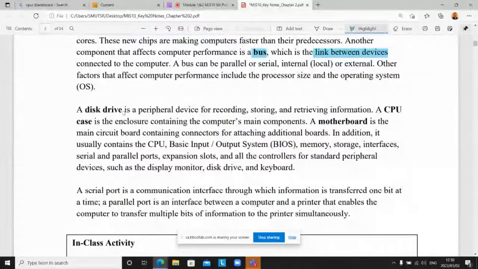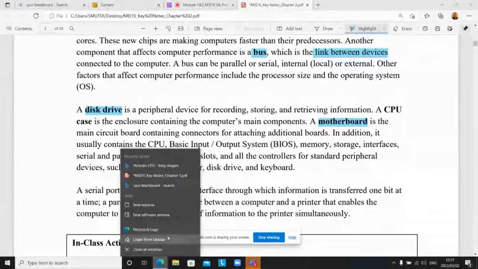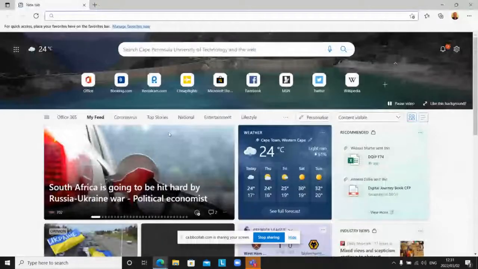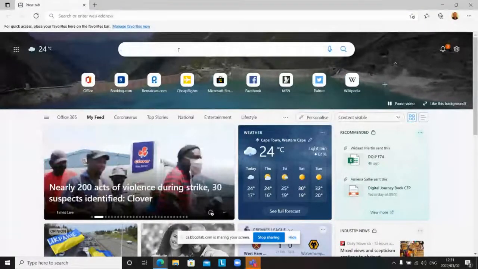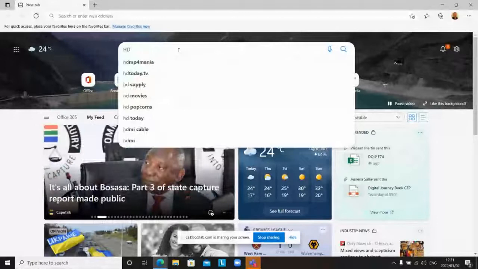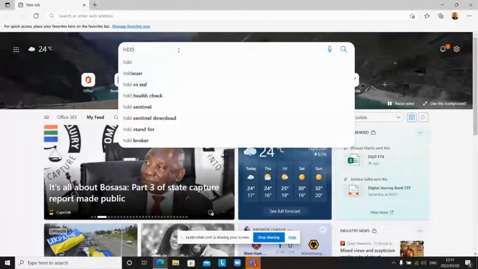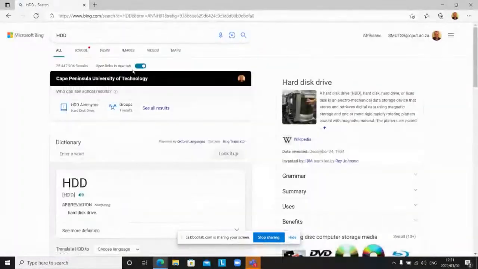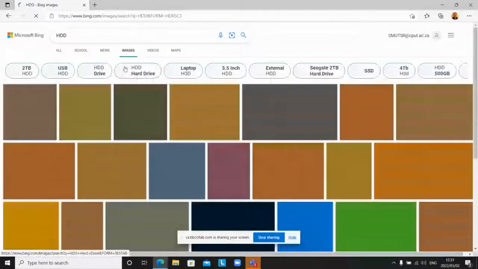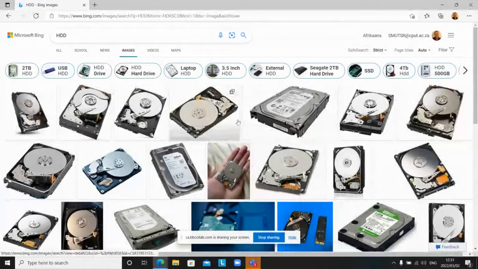A disk drive is also inside the tower. The motherboard is inside the tower, so let's just Google those two quickly because it's nice to have pictures to remember. It's actually called a hard disk drive, HDD. And there is a picture of one that will also go inside your tower.